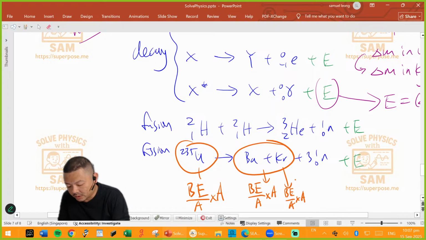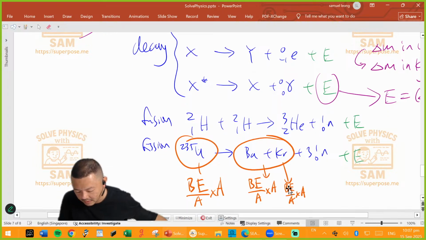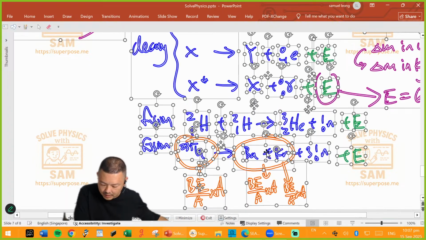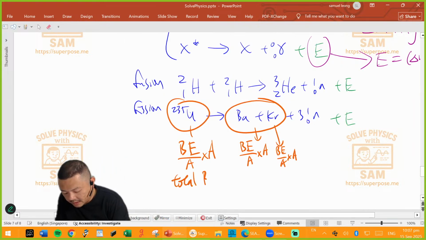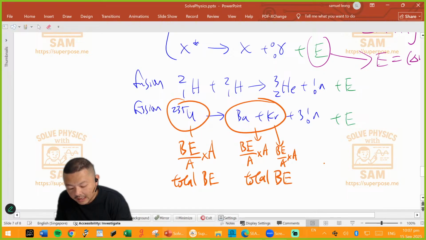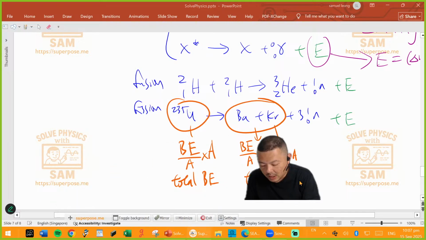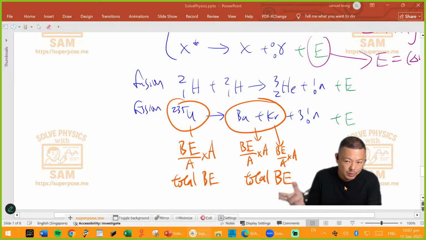Then you find the total BE on each side. The bigger minus the smaller, you will get the energy released, the difference. Just remember that.